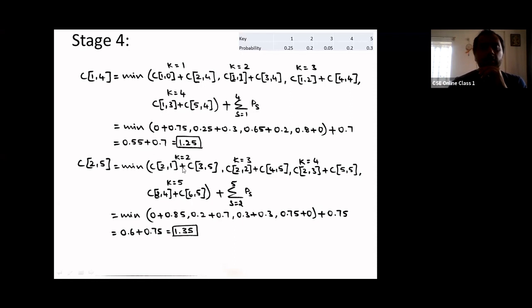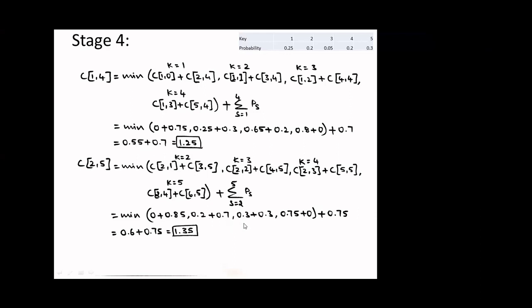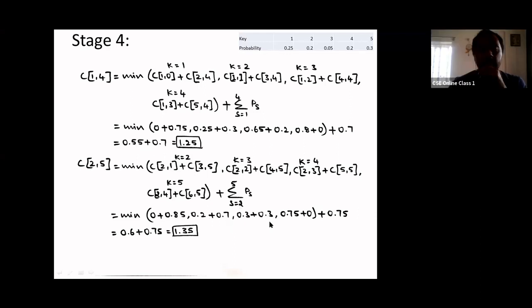Same way in the case of 2 to 5, we have key 2, key 3, key 4, and key 5 being chosen. When you list them down, we get the least value, 0.6. So 0.6 stands for which key?